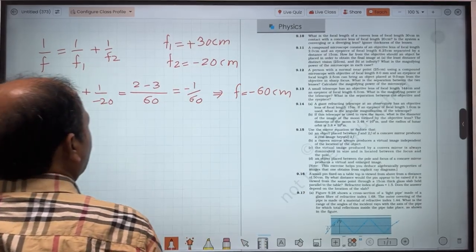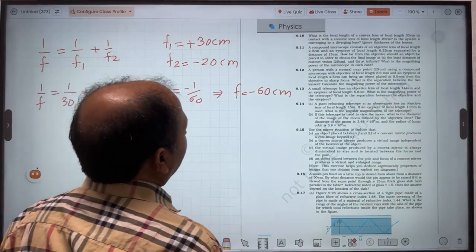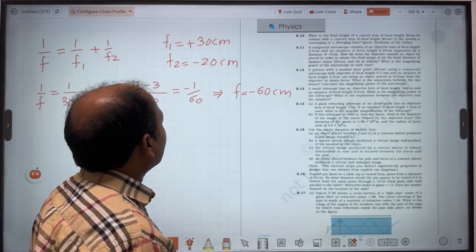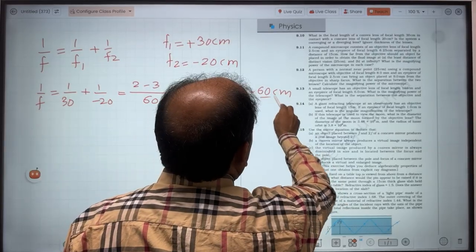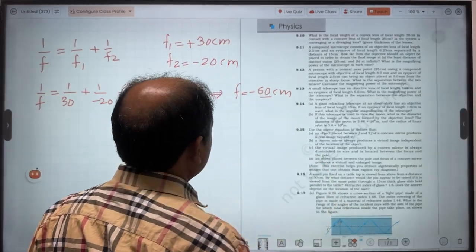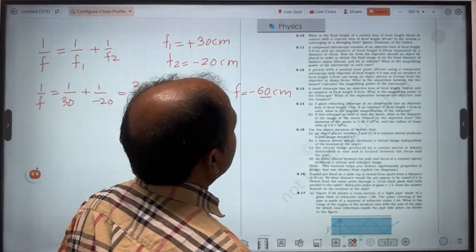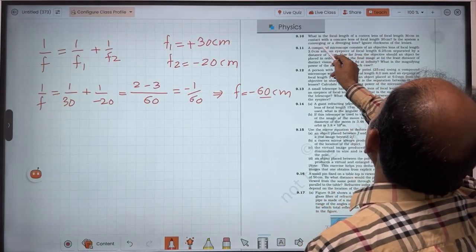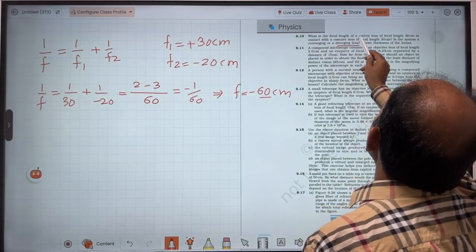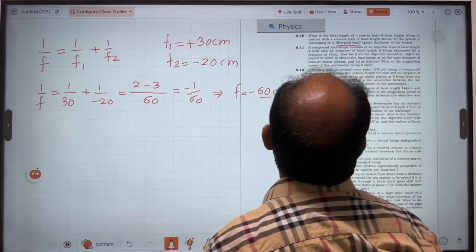Since f is negative, it means the system is behaving like a concave lens or diverging lens. So here we have got our answer. The answer is diverging lens, right?